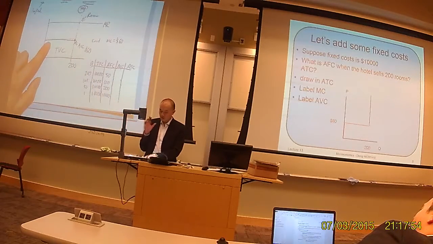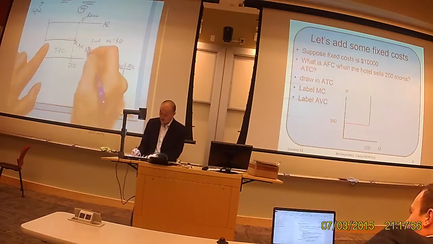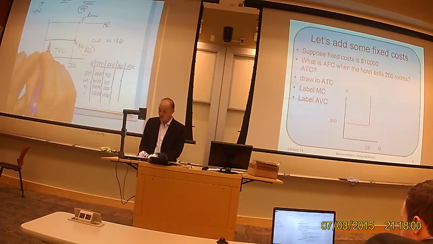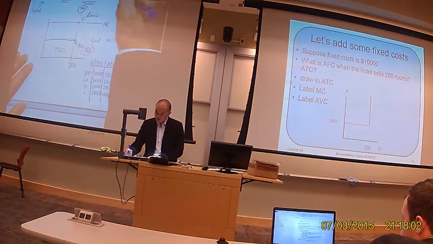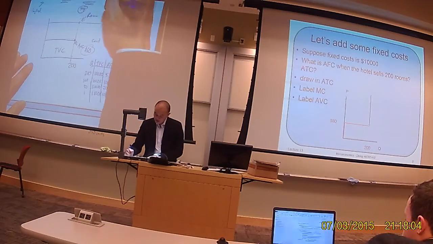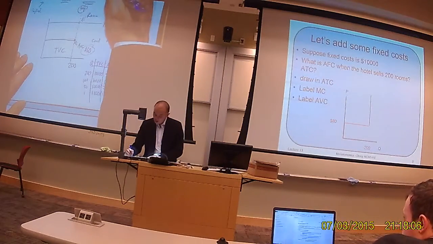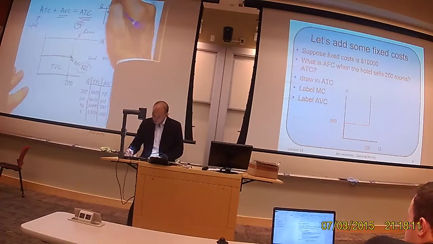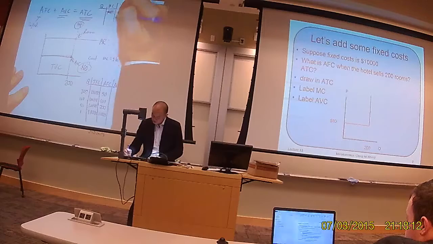Now, you'll jump and say the answer is 60, so I'll tell you the answer is 60. But how do we know the average variable cost is 60? Well, let's make another small little table. Q equals 1. Marginal cost, total cost.